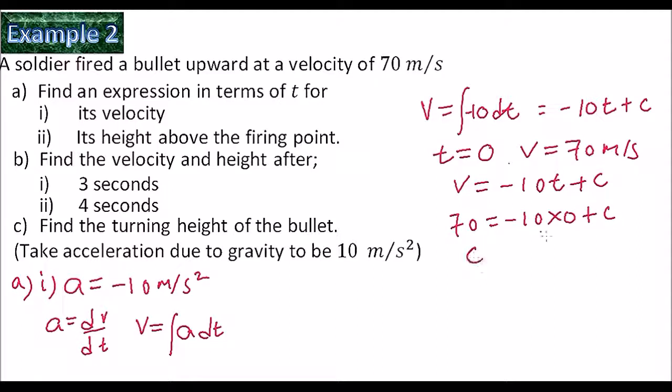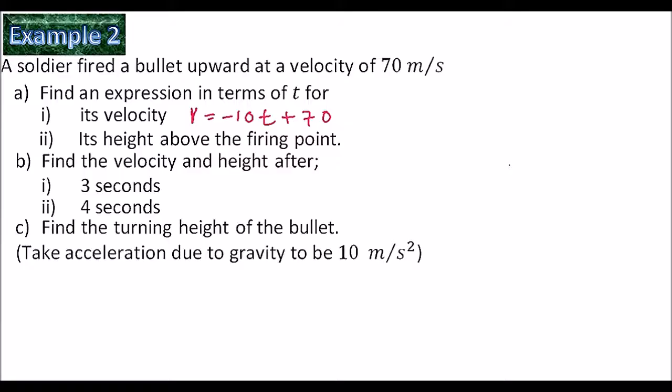So you find that minus 10 times 0 is 0, and therefore our c is equals to 70. This implies that the velocity is equals to, now we substitute our 70 in place of c, minus 10t plus 70. So that is how you work out part A, Roman number 1.